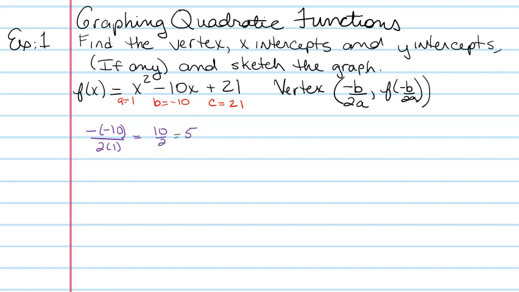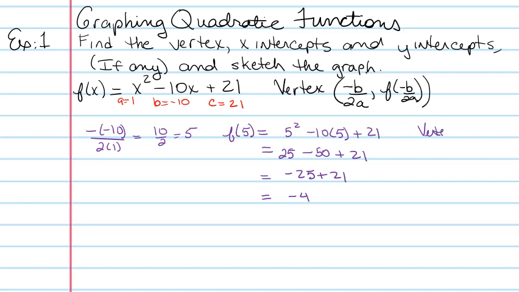And then I'm going to plug that in. 5 squared minus 10 times 5 plus 21. 25 minus 50 plus 21 is going to give me negative 25 plus 21, which is negative 4. So my vertex is 5, negative 4.